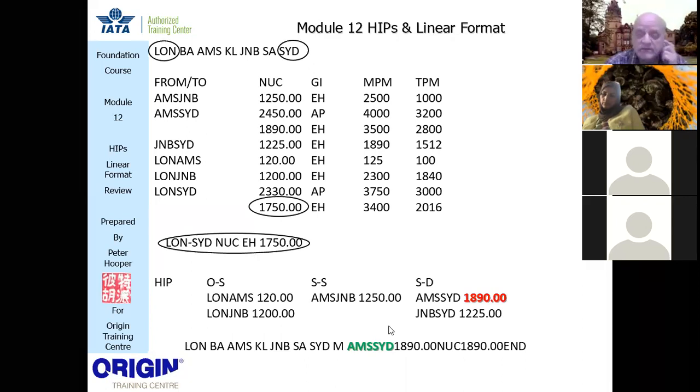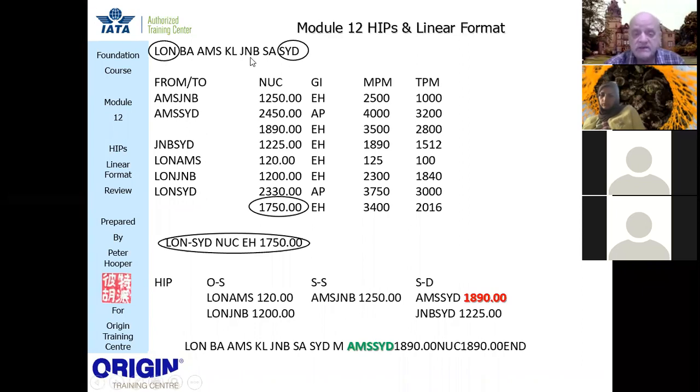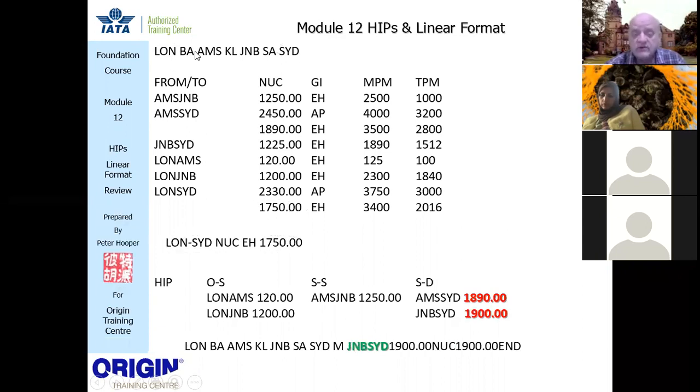So let's go over some things again. London to Sydney is the origin destination fare 1750. And we check the global indicator. Origin destination is still 1750. We've checked origin stopover, stopover, stopover, stopover destination. I've jiggled the fares around a little bit here.